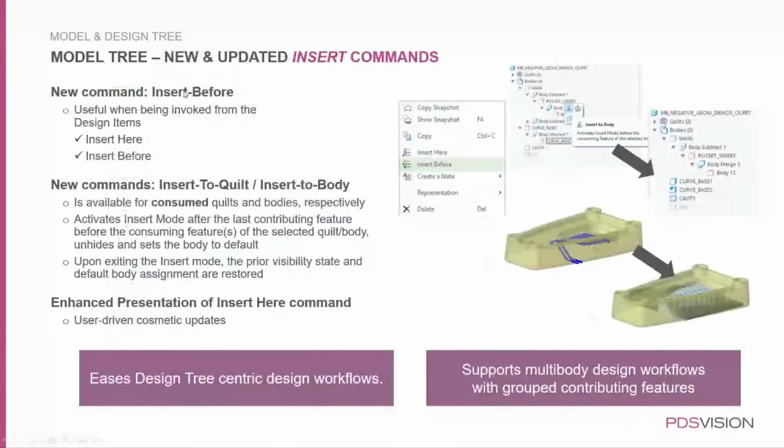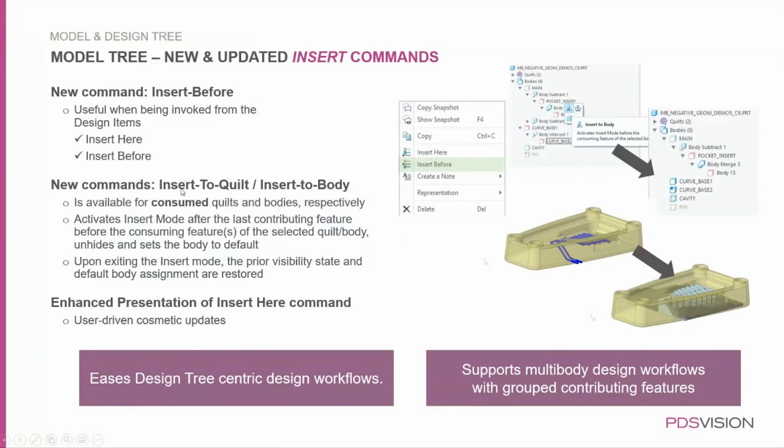Then, while we have these multiple trees, we now have new and updated insert commands as well. Before, we had just an insert, which simply means that after the selected feature, you put the insert location there and insert your new feature. Now we have an insert before as well, so not after it, but just before it.